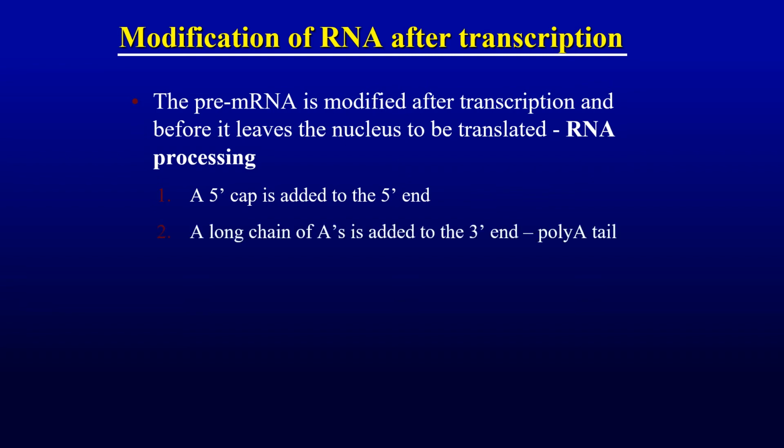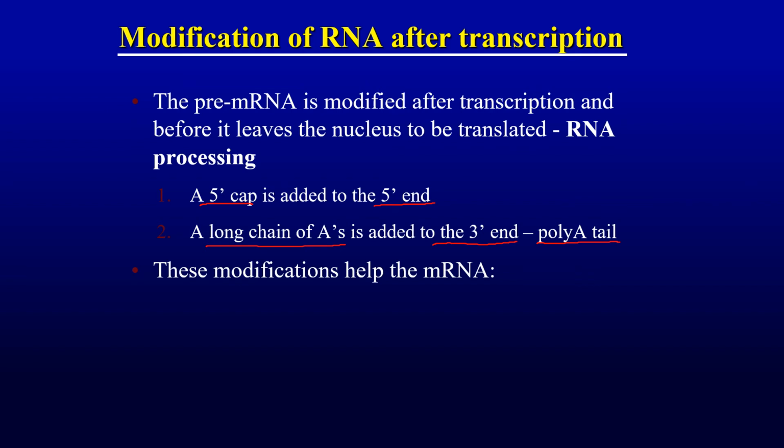The next thing that's done is a long chain of A's, a long chain of adenines, is added to the 3' end of the pre-messenger RNA, and we call that a poly A tail. So we add a 5' cap to the 5' end and a long chain of A's to the 3' end, and that's the poly A tail.